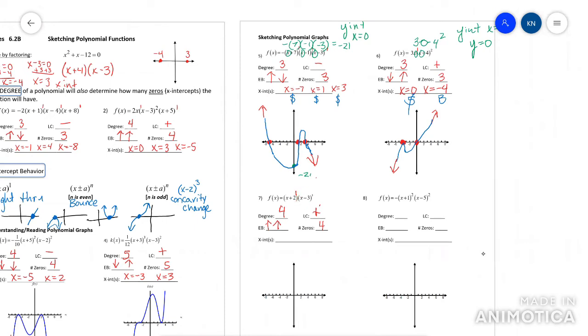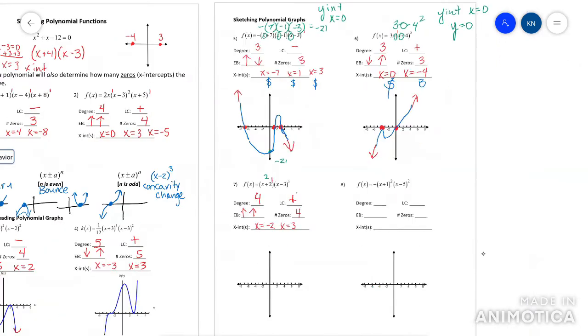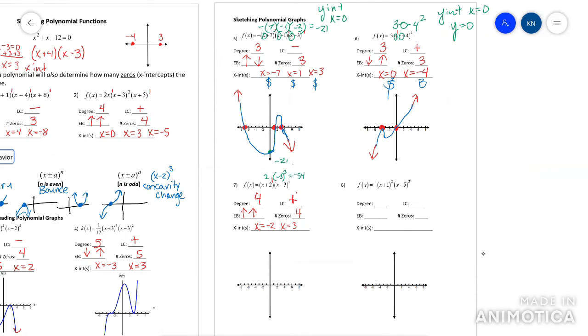So I've got one at -2 and one at 3. All right. And then you should also probably get your y-intercept. So plug in 0 for x. You'll get 0 plus 2, which is 2. And you'll get 0 minus 3 cubed, so -3 cubed. So that's going to be -54. So that's going to be down here somewhere.